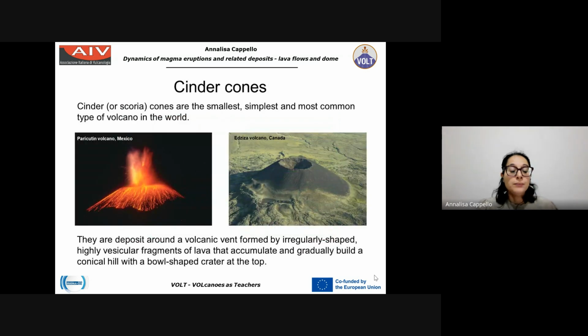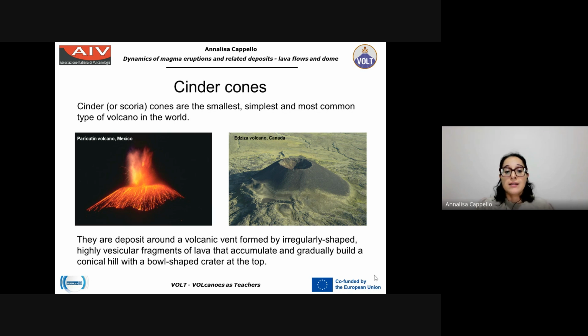Okay, cinder cones. Cinder cones, which are also called scoria cones, are the smallest, simplest, and most common of volcanoes worldwide. These are cones that form by the deposit of pyroclastic fragments formed by explosive eruptions or lava fountains, typically from a single cylindrical vent.